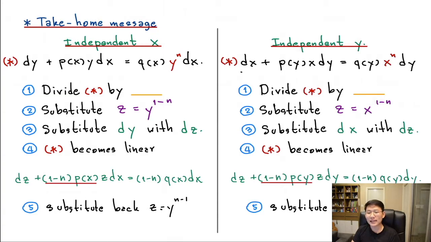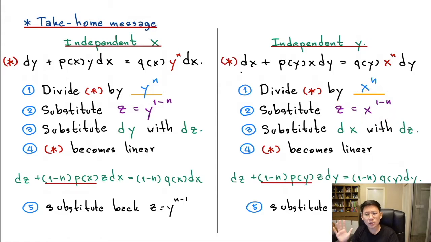When we look at dependent x, which is in this form, we first divide the whole equation by y to the n, and here x to the n, right? We divide the whole equation by y to the n and x to the n. And after that, we substitute z by y to the n minus 1, here x to the n minus 1.